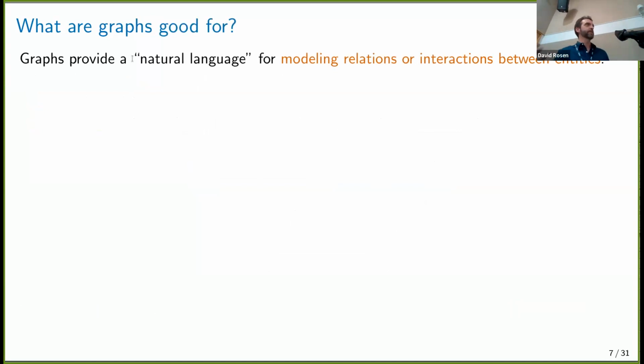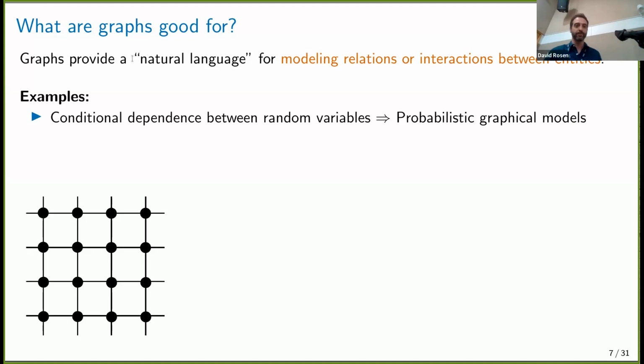The main reason that these things show up in a lot of the work that we do in robotics or machine intelligence applications is that they provide a kind of natural language for modeling interactions or relations between entities. For example, if you want to analyze conditional independence or dependence relations between random variables, you can think of these random variables as being the vertex set in your graph.